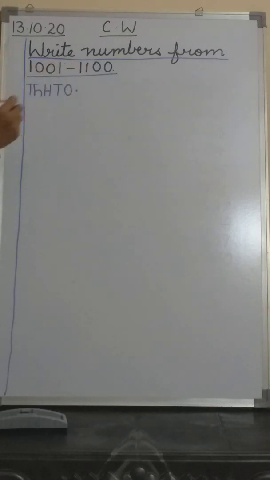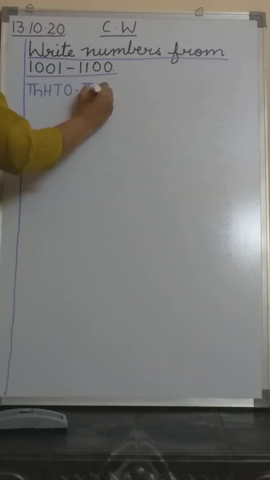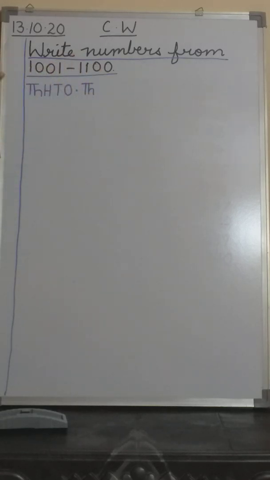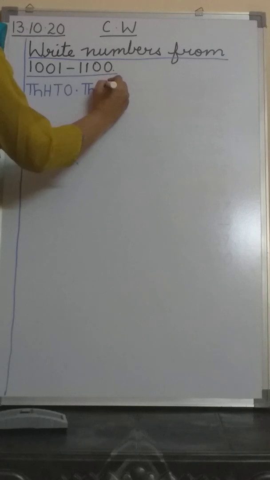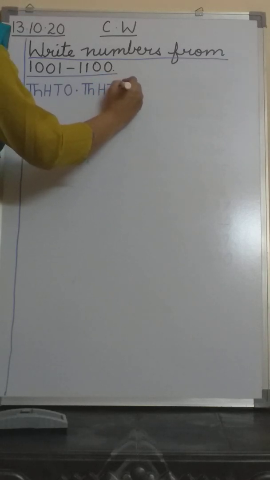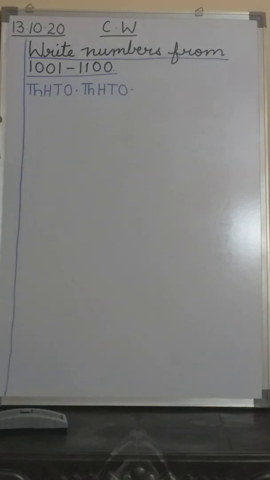Then I am putting a dot for you to leave a box. Again in the other box you will write TH. Remember TH will be in one box, H will be in the other box, T in one box and O in one box. Again I will put a dot to leave a box.